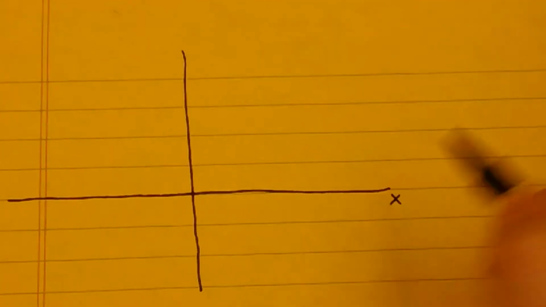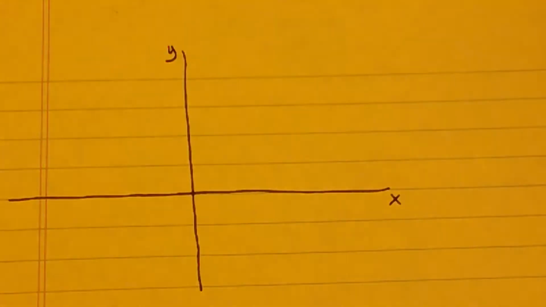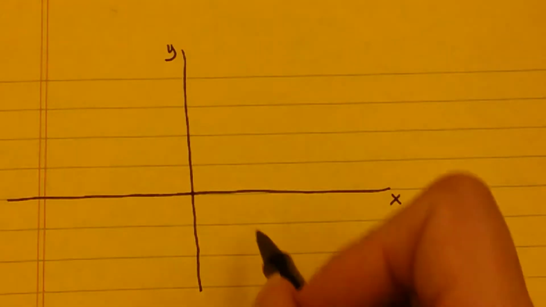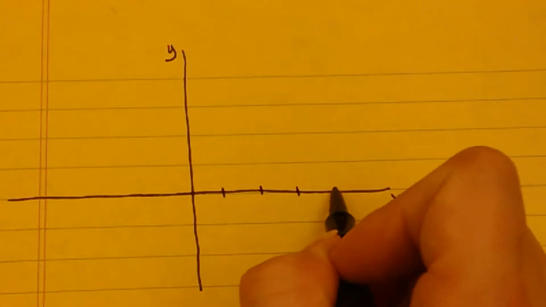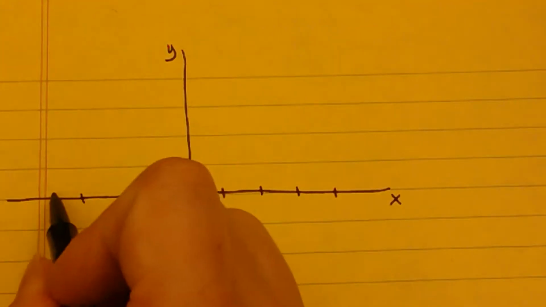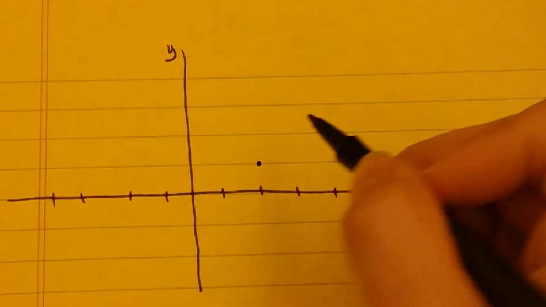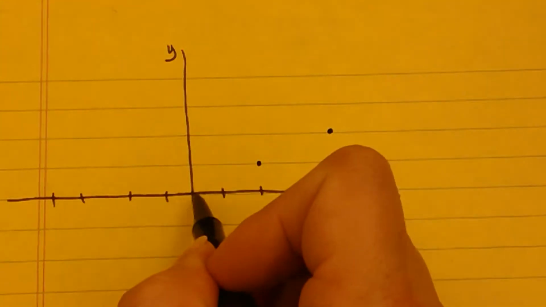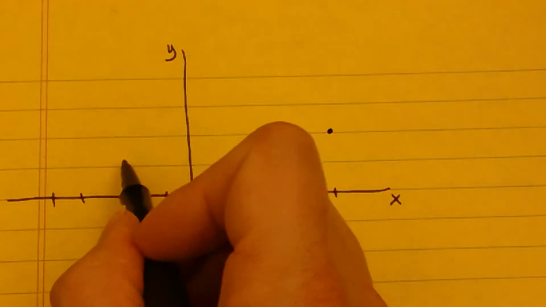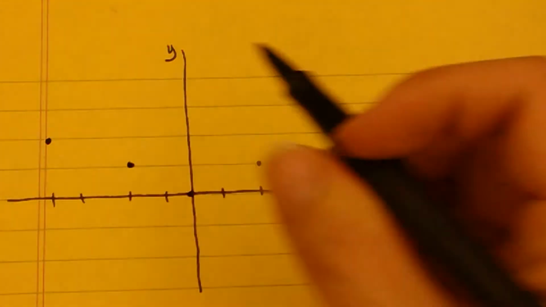There's my x-axis, my y-axis, and get a scale on here, and we'll put this ordered pair here, this ordered pair here, got one here, here, here.